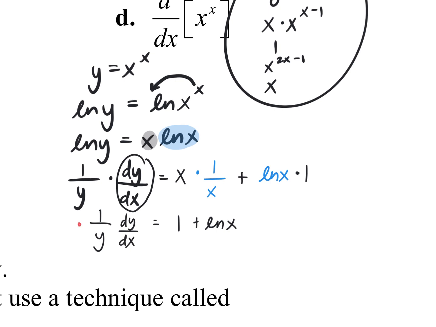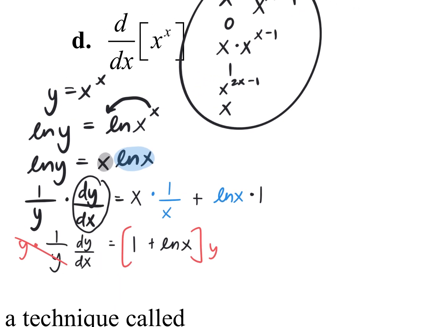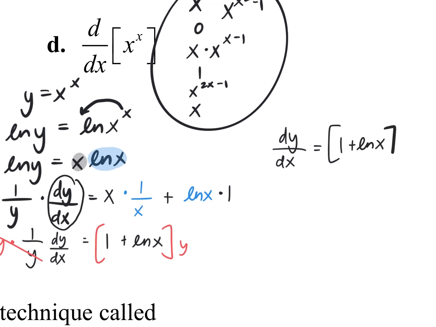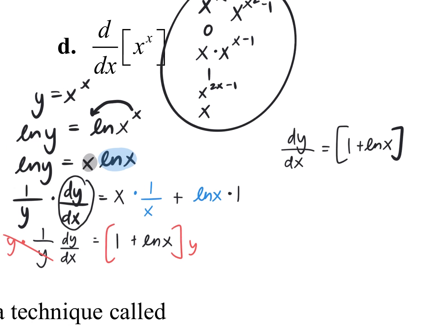Yeah, just multiply it by y, right? Times by y. So we have dy dx is equal to 1 plus the natural log of x times y. Now, if I go back to the beginning, what was my y equal to?